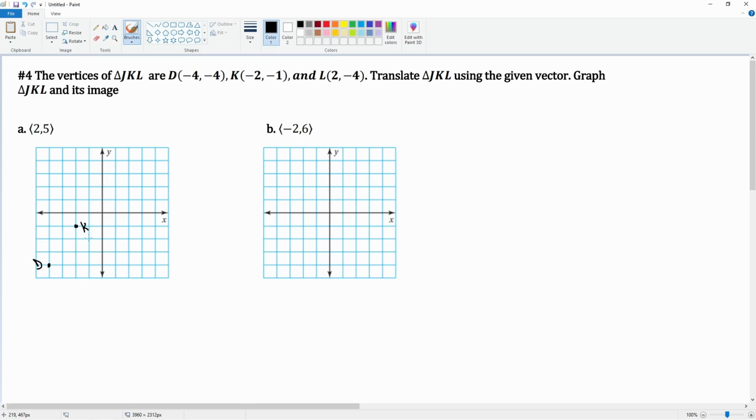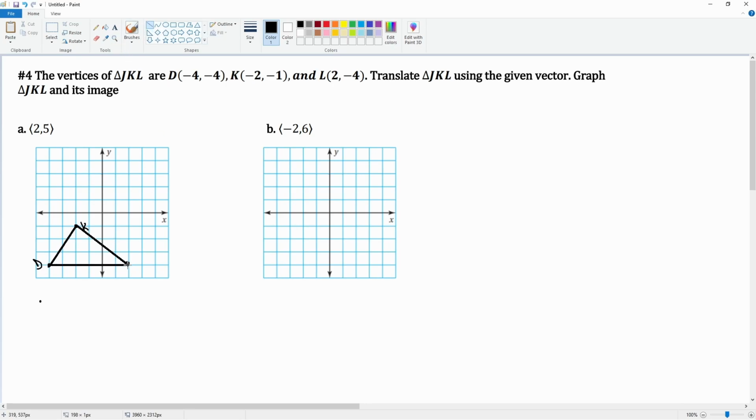Then we have L, which is 2, -4. 1, 2, 3, 4. Okay. So this is the original triangle JKL.